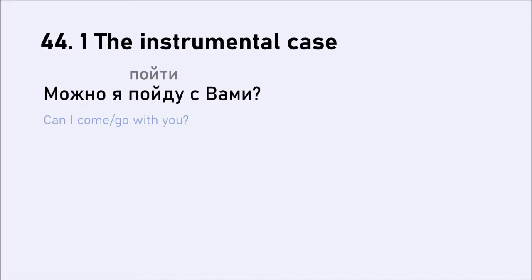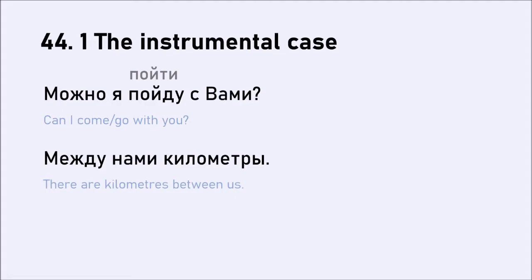Then the next sentence. Между нами километры. There are kilometers between us. Now, между is another preposition, and this means between. In the majority of cases, we follow with the instrumental case here. That's why we have нами, so between us, and then километры, as I'm sure you've guessed, is kilometers.